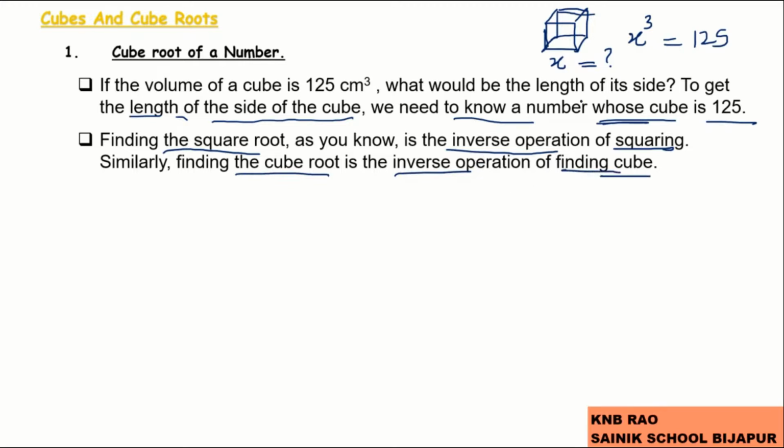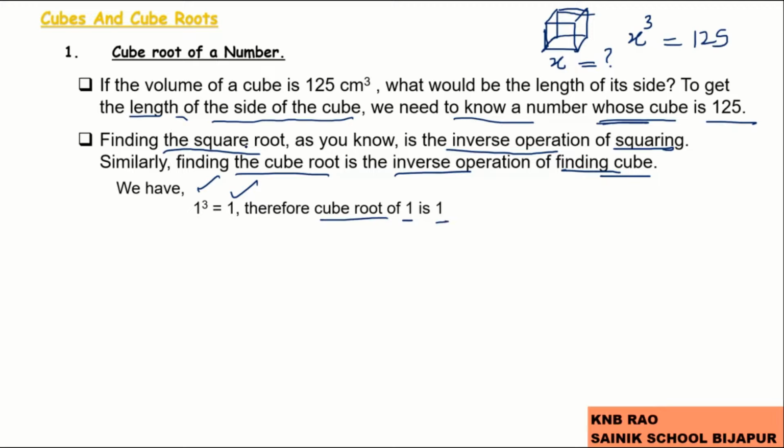When you have already learned how to find the cube of a number, the reverse or inverse operation of that, the opposite operation of cubing, will give cube root. For example, we have 1 cube giving us 1. Therefore, cube root of 1 is 1.